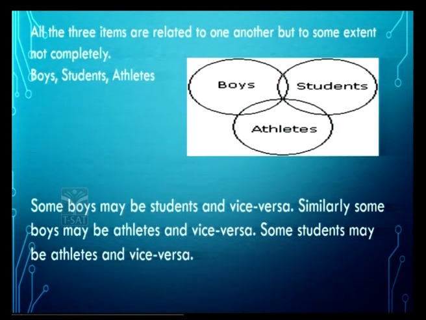If you see this part, it is the relation between boys and students. That part represents the persons who are boys as well as students, and this part represents the boys who are athletes. This point represents the students who are athletes.